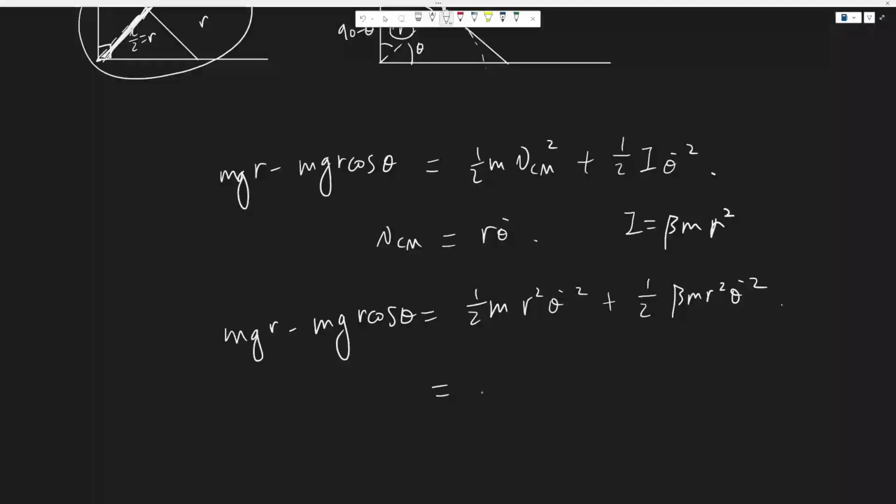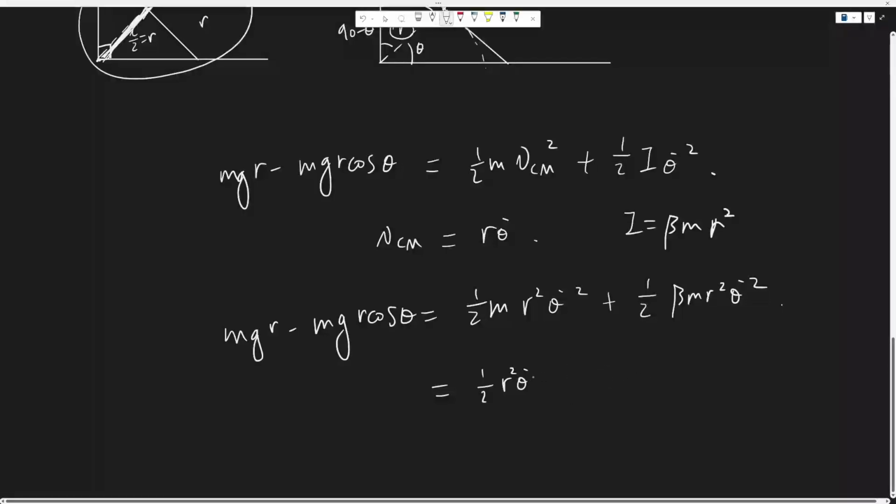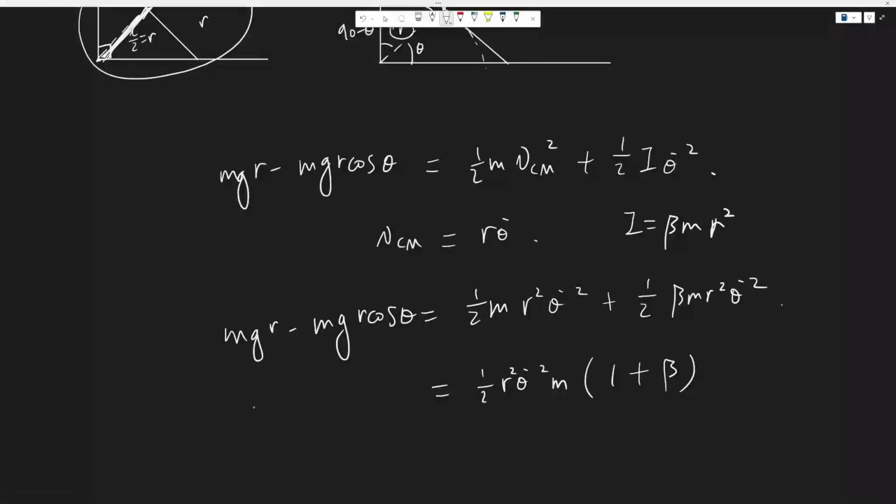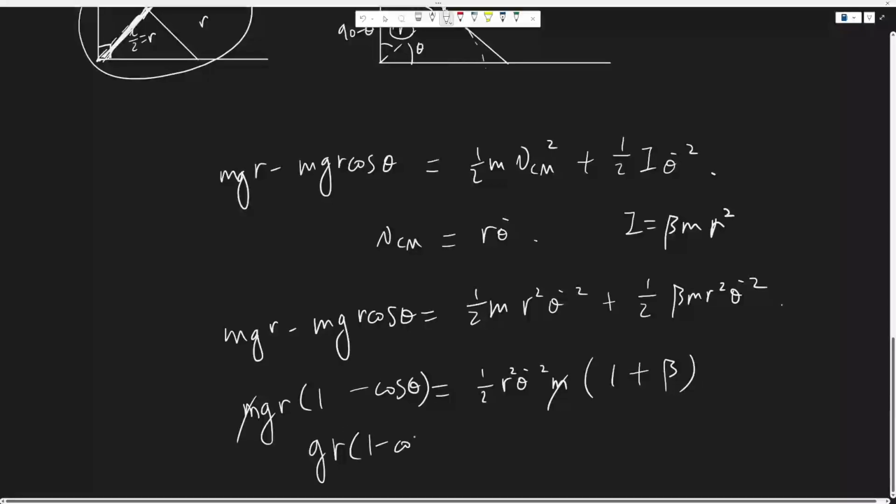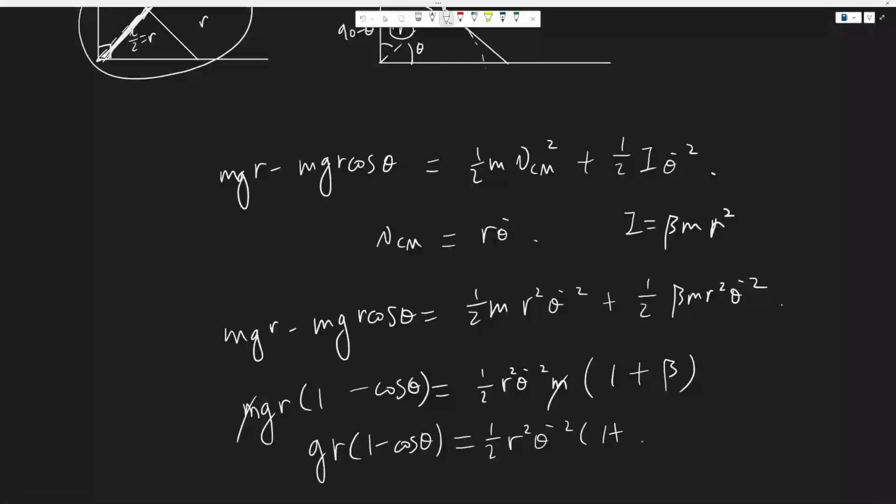We get half m r squared theta dot squared times 1 plus beta, equals, and then here we can factor out m, g, and r: mgr times 1 minus cosine theta. And so m cancels, and we're left with this expression: g r 1 minus cosine theta equals half r squared theta dot squared 1 plus beta.